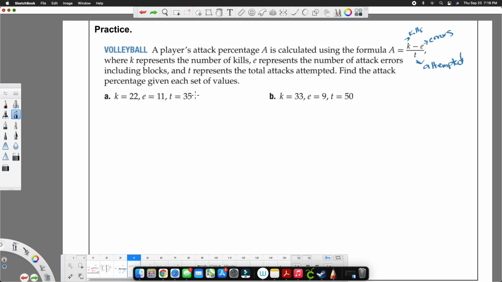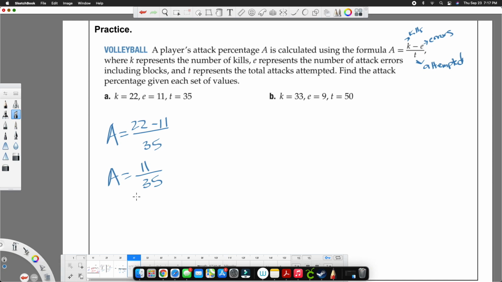So we have A equals K minus E, so 22 minus 11, because K is 22, E is 11, divided by T, which is 35. So I have A equals 22 minus 11 is 11 over 35. And in this case, it depends on what the program is looking for.